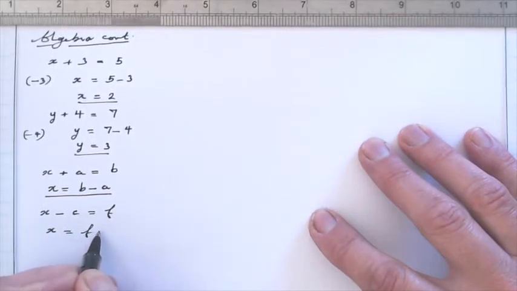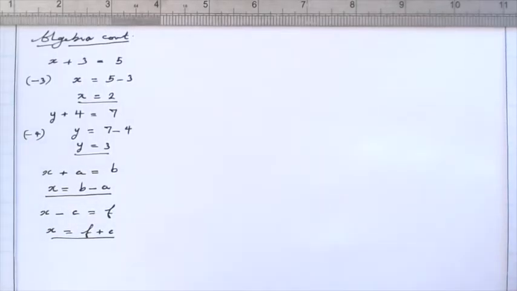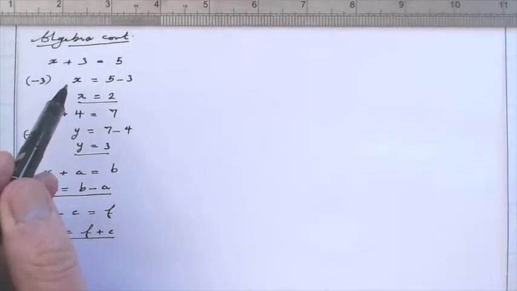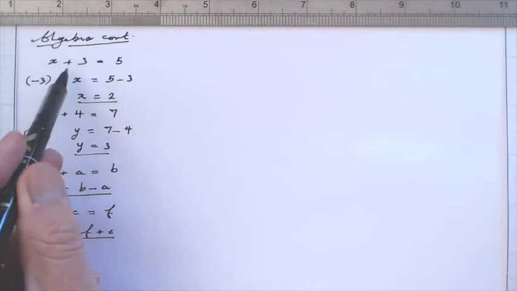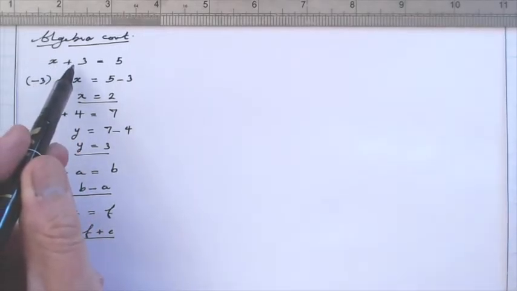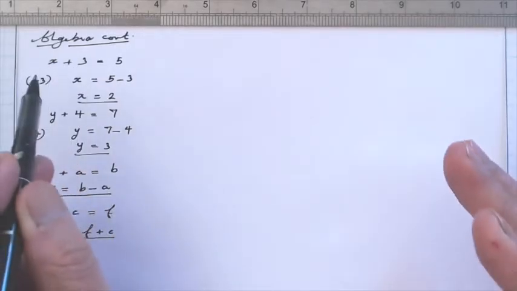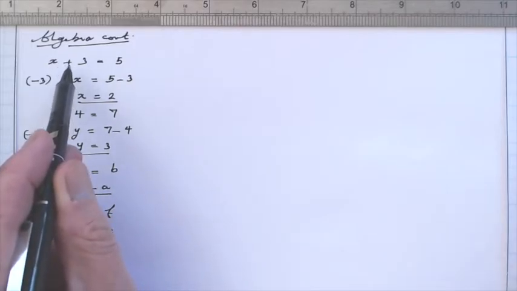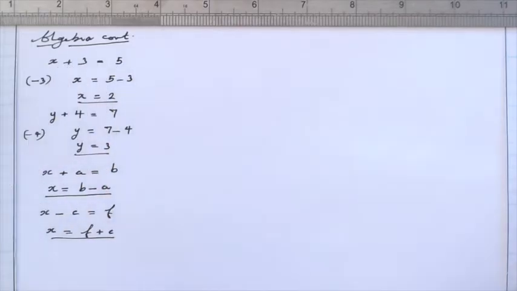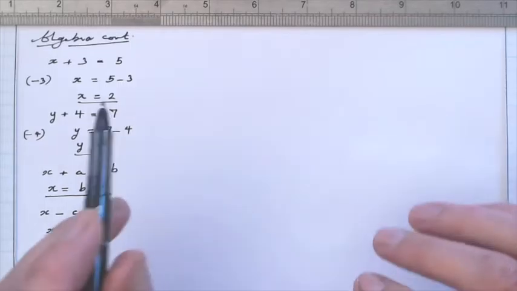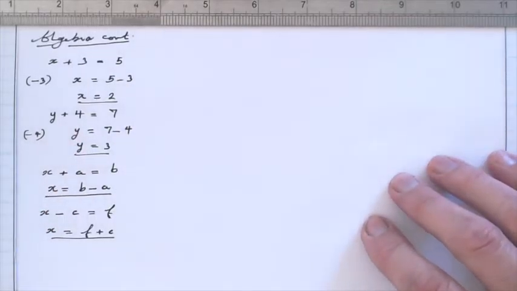So I will have f plus c. So if you have a term in an equation which I'm going to call additive, meaning it's just standing alone on one side of the equation with nothing multiplying it, you're perfectly free to move it to the other side of the equation. You just have to remember that it needs to change sign as you move it across.